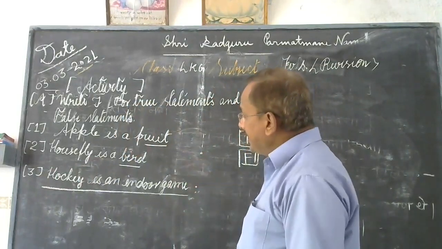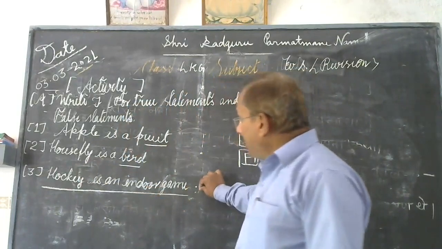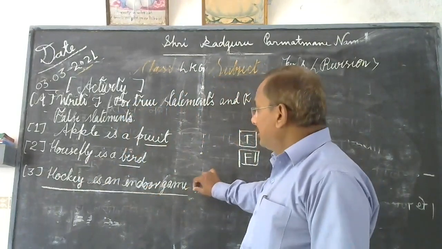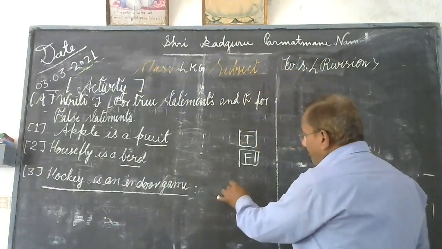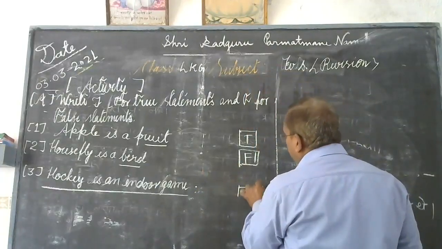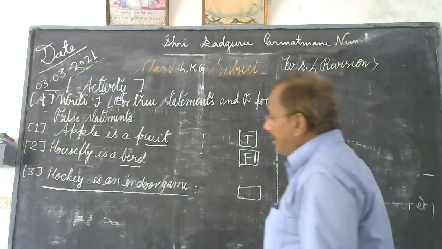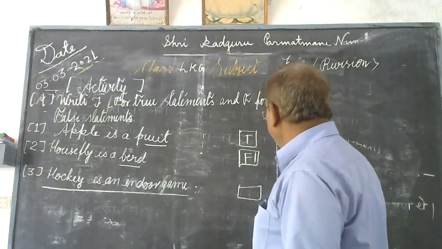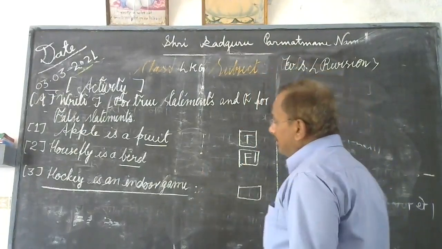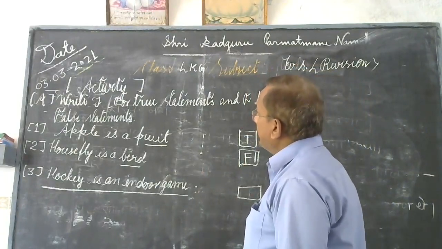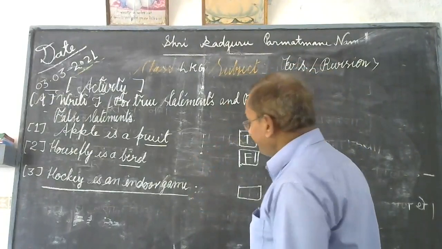But in your sentence it is given that hockey is an indoor game. If it is true, then in the given box we will put T. If it is wrong, then we will put F. It is also mentioned in your question.